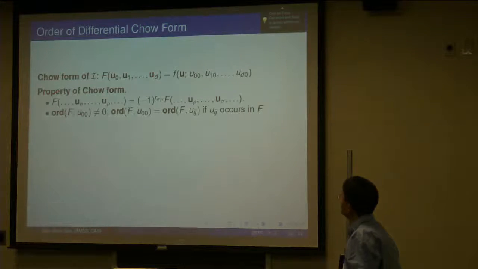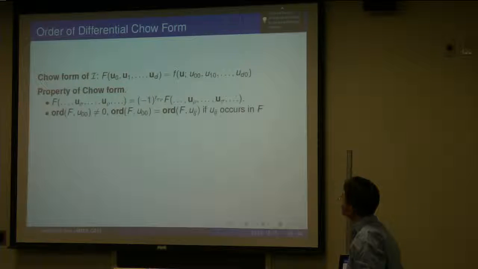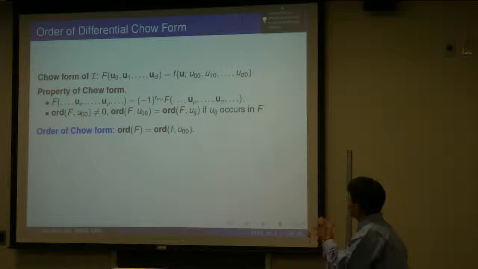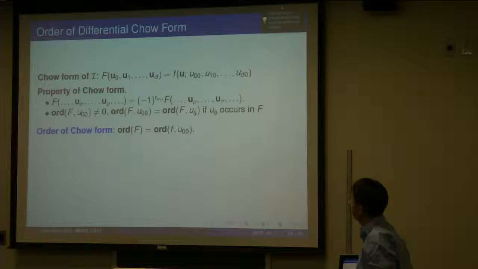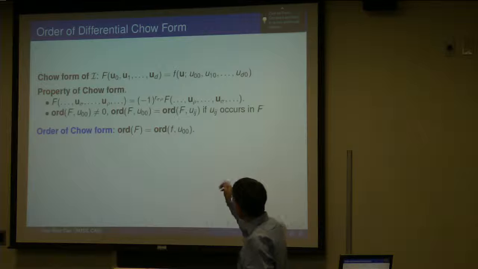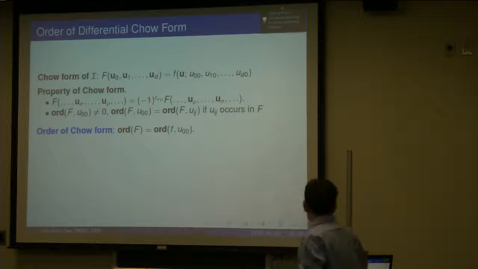Chow form can be written in different ways. The first property of the Chow form is that it is anti-symmetric in all the variables. It's quite homogeneous, quite uniform, so basically all the variables appear inside. The nice thing about the Chow form is its order, which is the definition of the order of the Chow form.